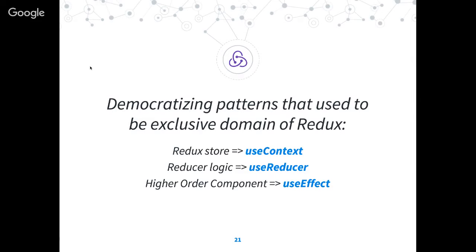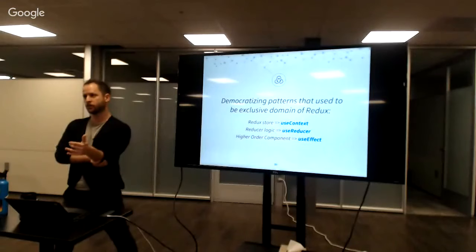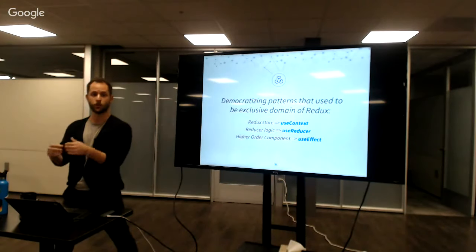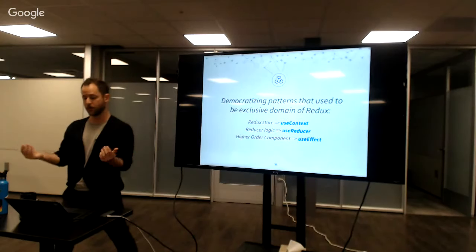Redux used to have this central store that was super novel, and now anybody can create a store of their own with just the useContext hook, which has existed since the context API. There's the reducer pattern, right? And now what's amazing about hooks is you can implement reducer-style action responses on the state of an individual component, as opposed to just this massive centralized state.